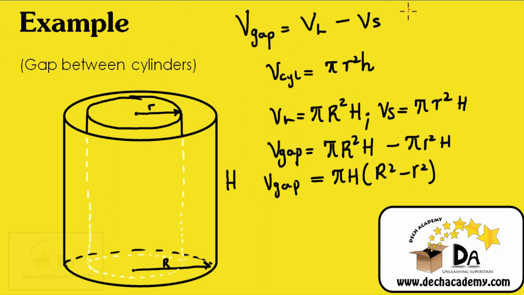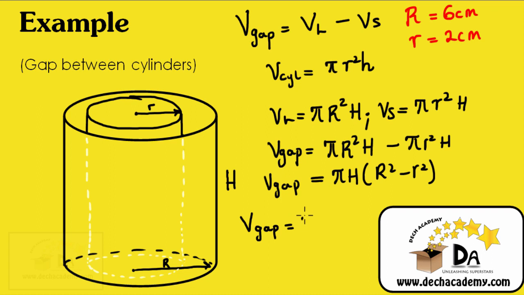So if I tell you that the larger cylinder has a radius equal to 6 centimeters, and the smaller cylinder has a radius equal to 2 centimeters, the volume of the region formed between the two cylinders is equal to V gap.